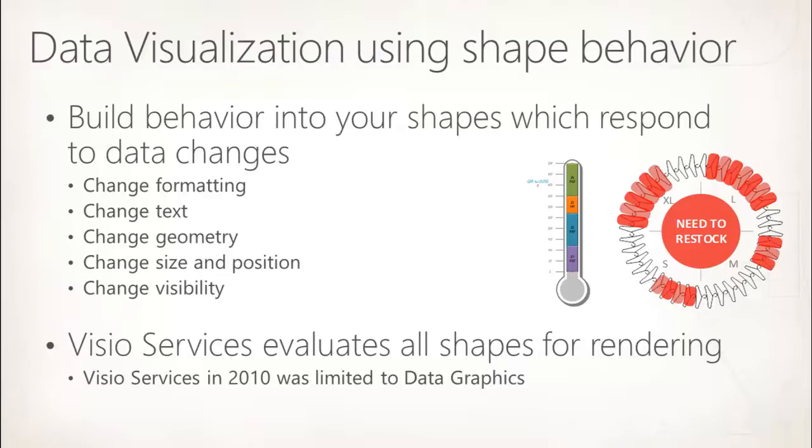So this means, well, I'm hoping what this means for you is that when you're done with my session and you go back and you start playing with some of these capabilities, you'll start looking at some of these smart shape behaviors that you can build into your shapes, so that you're not just limited to maybe some icons changing or some colors changing, but you actually have shapes on the page that behave in a way that you want them to, based on the data that they're connected to.